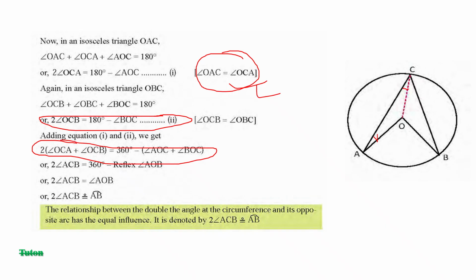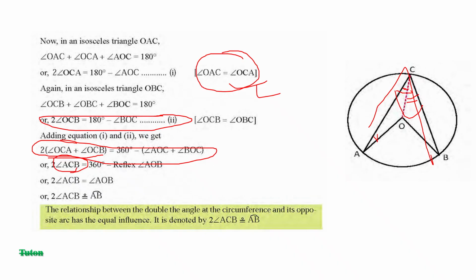Here angle OCA plus angle OCB, where angle OCA is this angle and angle OCB is this angle, is certainly angle ACB. So we replace angle OCA plus angle OCB by angle ACB.